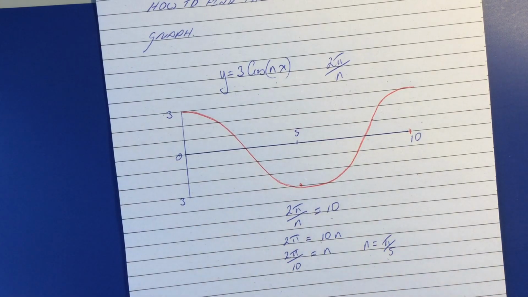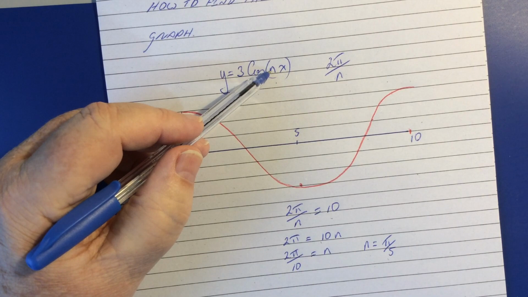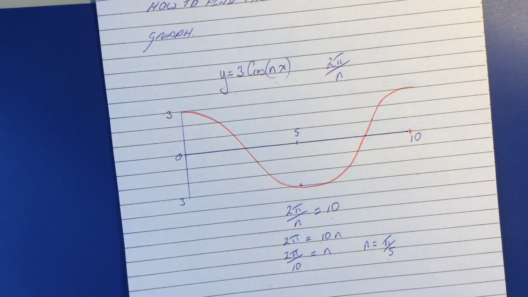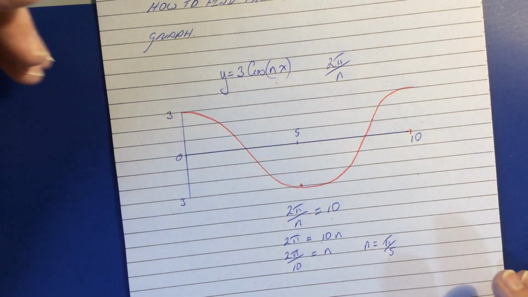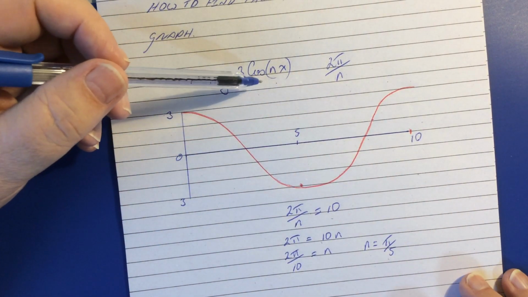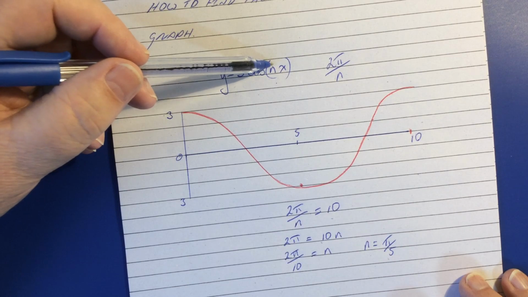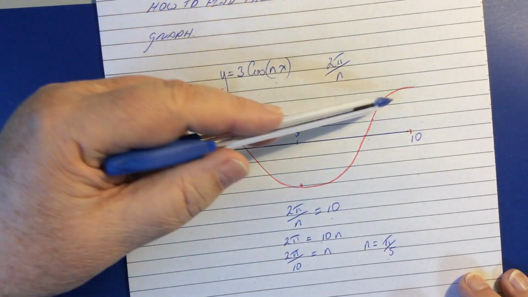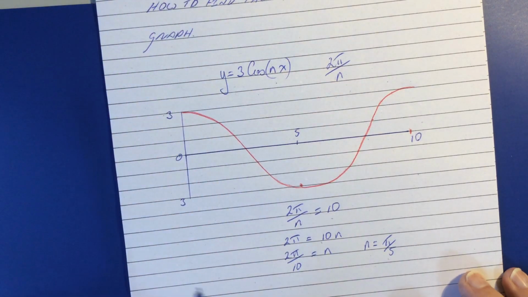Now, you may not have seen a value of n written as a fraction of a radian or a fraction of pi before. So just let me show you how that pans out, and we will be able to insert this value in here, and that will give us the equation of this graph.